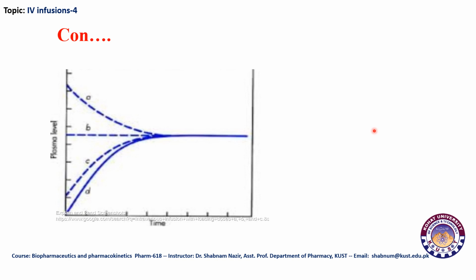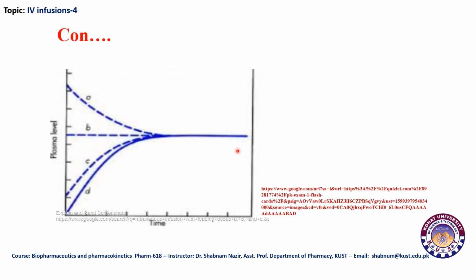Okay, so coming to this graph, it explains the discussion which we made in the previous slide. We were discussing that if intravenous infusion is concurrently administered with a bolus administration, the steady state level can be attained almost immediately. So you can see that there are various possibilities.